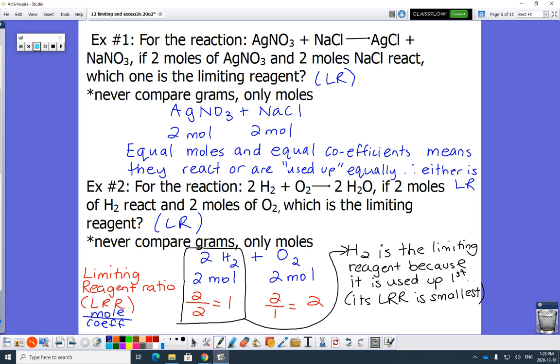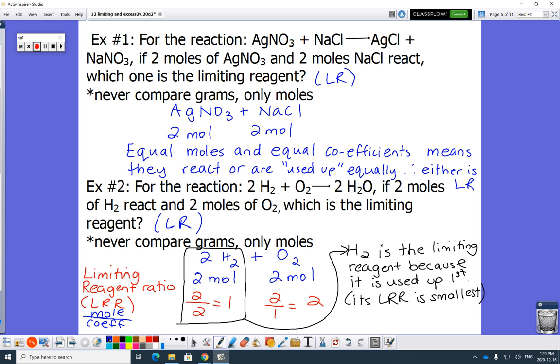So it's got the smallest amount, or that limits how much reaction can occur. And again, we always are going to take the grams and change them into moles. Never compare grams.